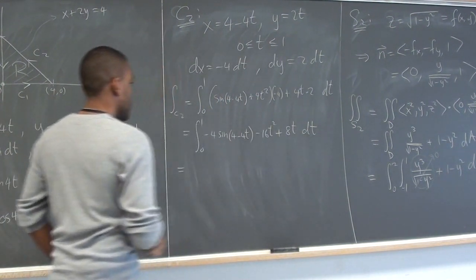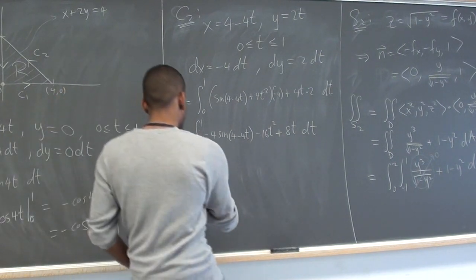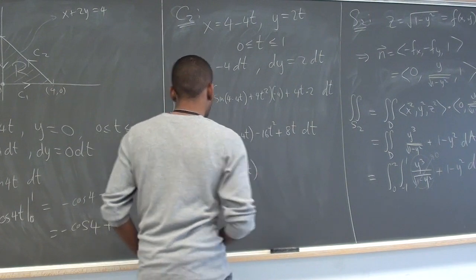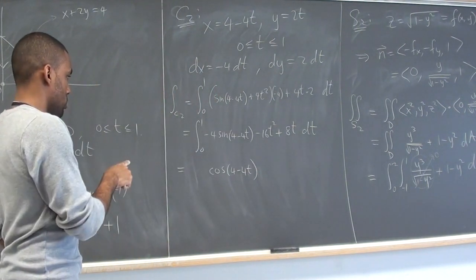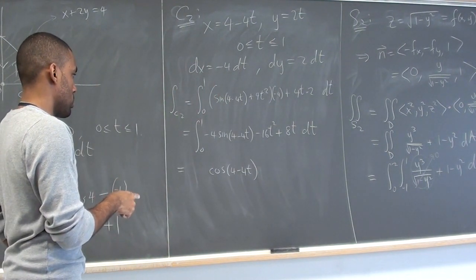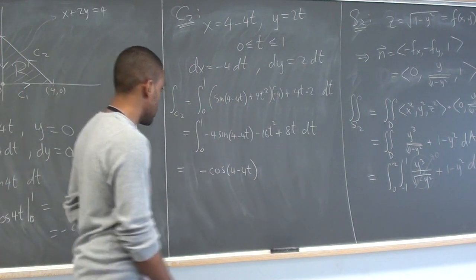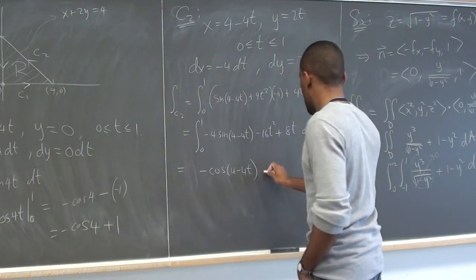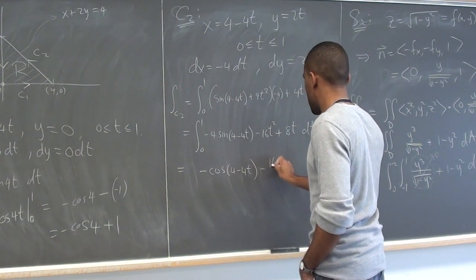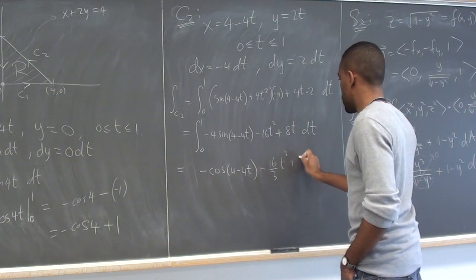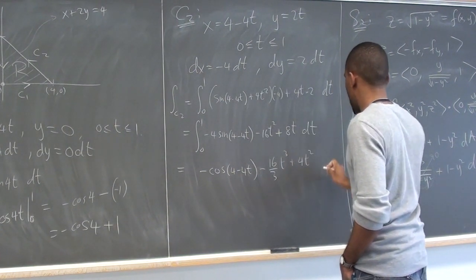And so the integral of this would be cosine of 4 minus 4t, still a minus. And this would be minus 16 over 3 t cubed plus 4t squared.